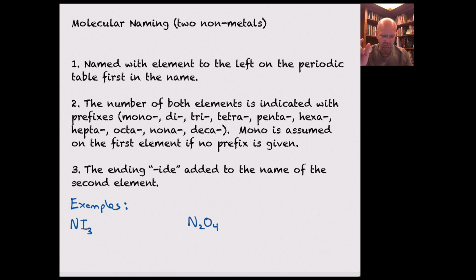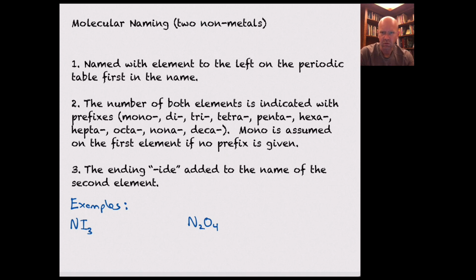And the prefixes are mono for 1, di for 2, tri for 3, tetra for 4, and so on, up to deca, and you can go higher than that, although you don't see it very often in binary compounds. If the first element only appears once, it would have a mono prefix, but you can just leave it off. It's assumed if it's a 1 in the first element, we don't say mono.